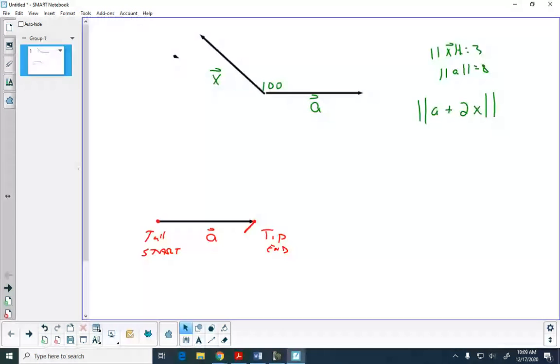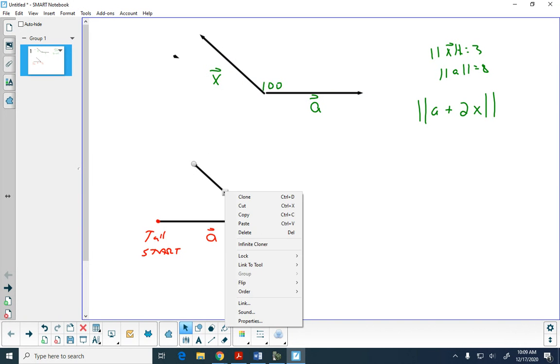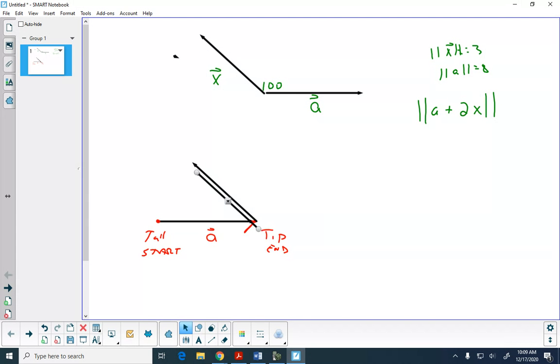And from this point right here, we're going to start traveling x. So I'm going to take x and clone that, bring it down. This is telling me to do 2 of the x's, so I have 2 of the x's there.